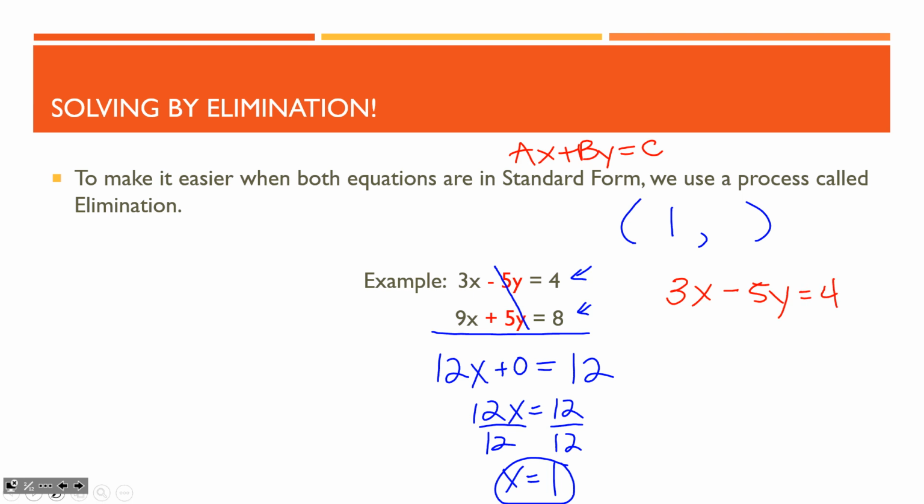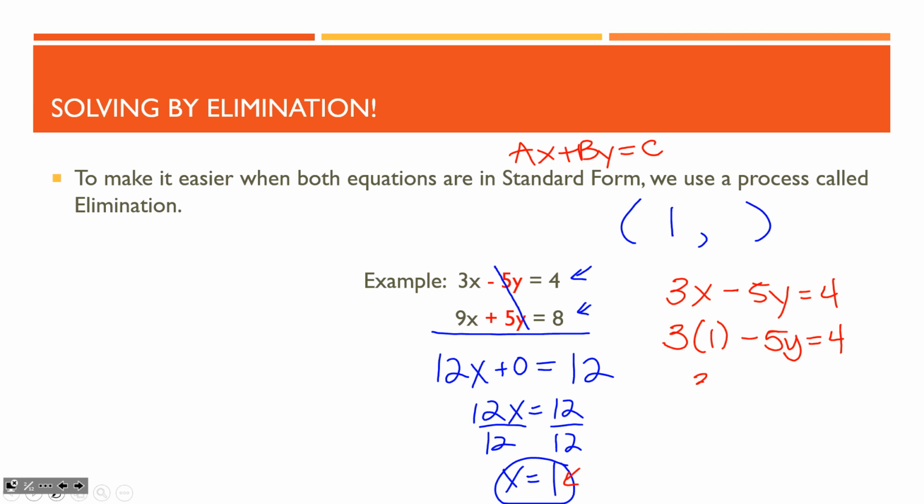I just rewrote that top equation. And now I'm going to take this 1 and plug it in for x. So instead of x, it's 3 times 1, because whenever I plug in, I should use parentheses, minus 5y equals 4. So now that I've plugged in 1, I am going to solve for y.